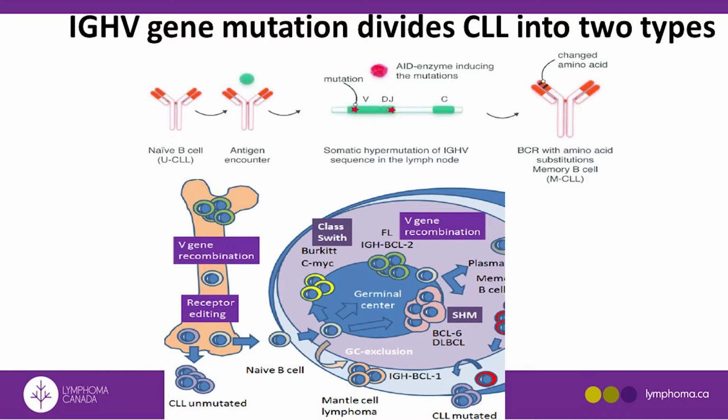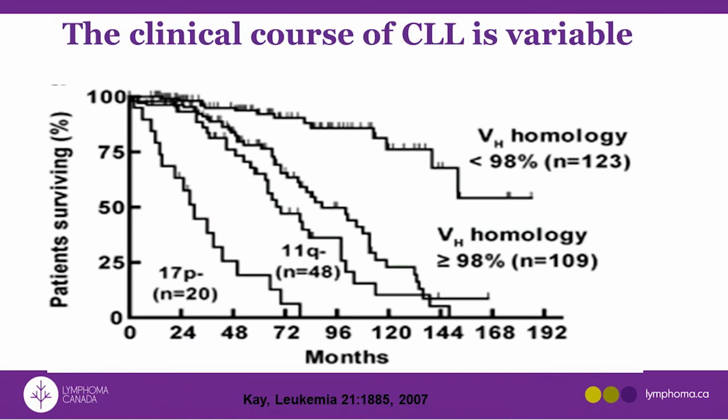But the result is that CLL cells, even though they look the same in terms of expressing CD5 and CD19, are also classed as being mutated, and they talk about mutated meaning IGHV mutation, or the unmutated type of CLL.